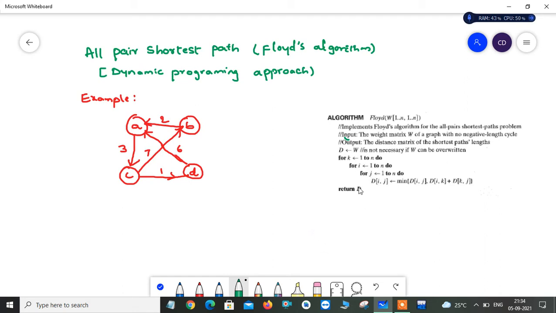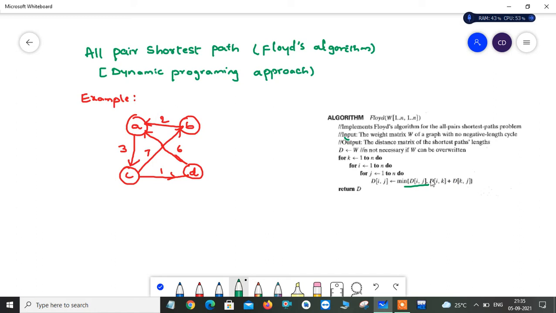intermediate vertices. I already said we are trying to take some vertex as an intermediate and find whether there exists any smaller path. Because of that we need to take intermediate vertices by this k loop. Now the distance of ij equals the minimum of d of ij, which is the direct path from one vertex to another, and the intermediate path, from i to k and from k to j.